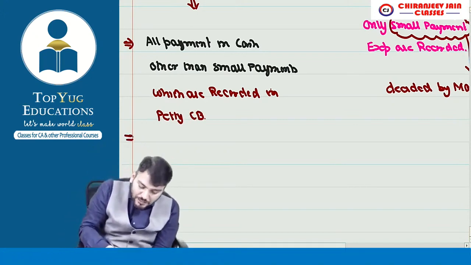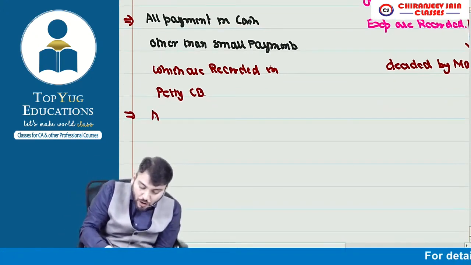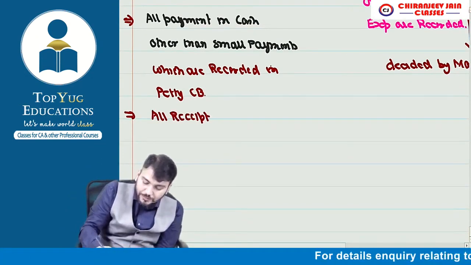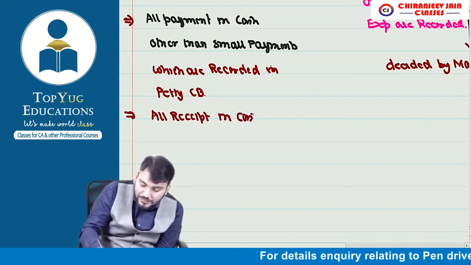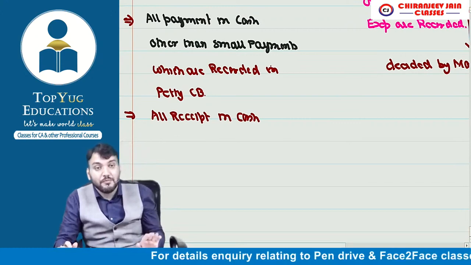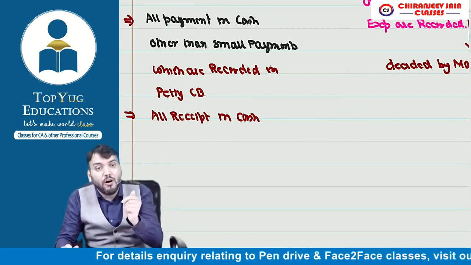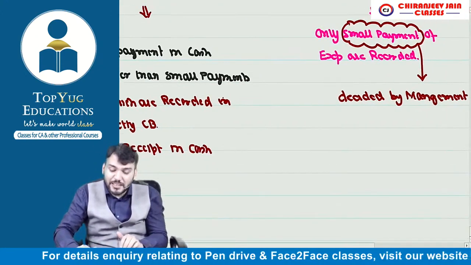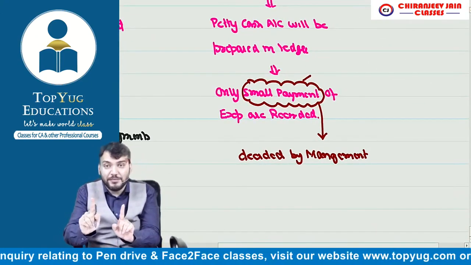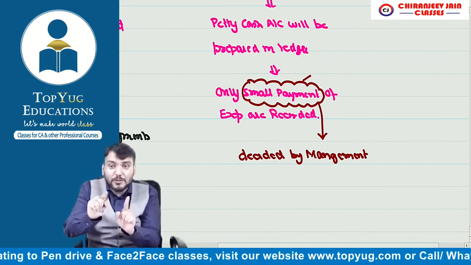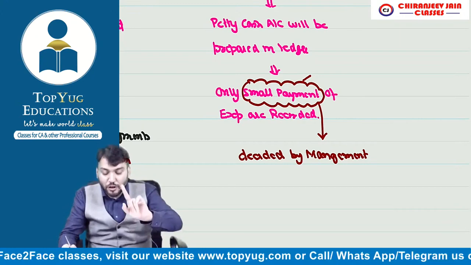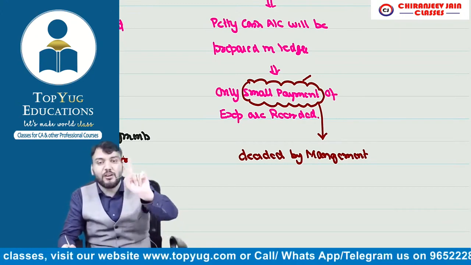And can I say in this also we record all receipts in cash, whether small or large. In the petty cash book we only record small payments; any receipt of a small amount will not be recorded in the petty cash book. Only small payments are recorded.